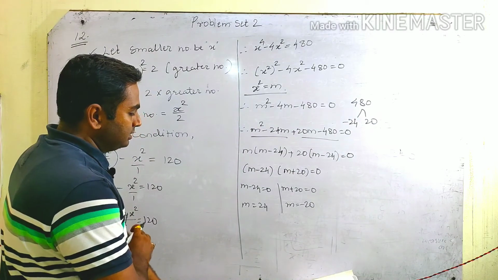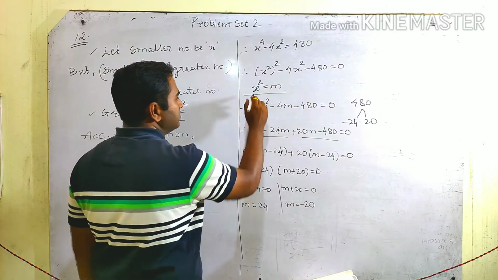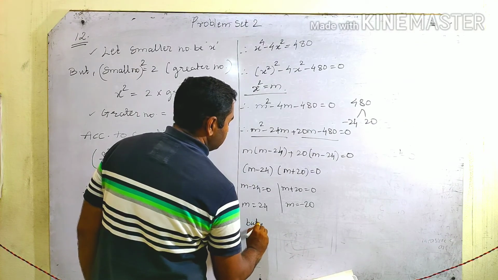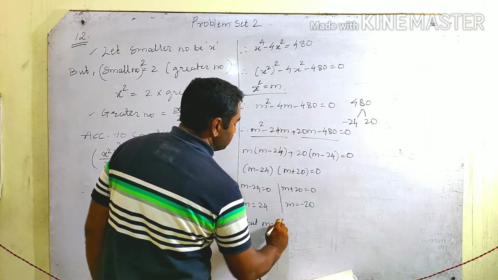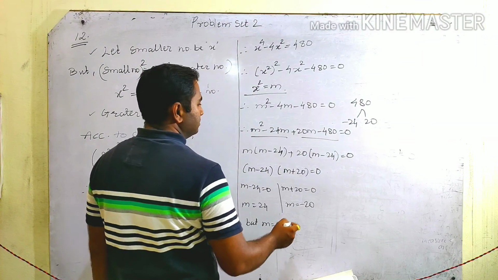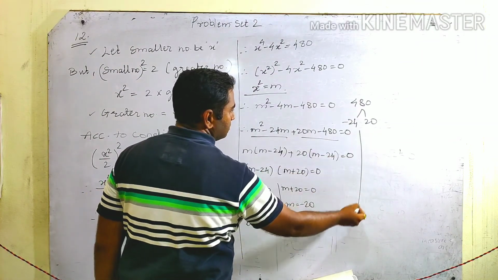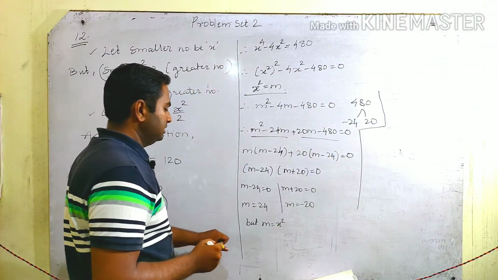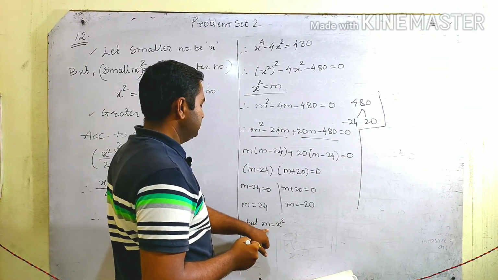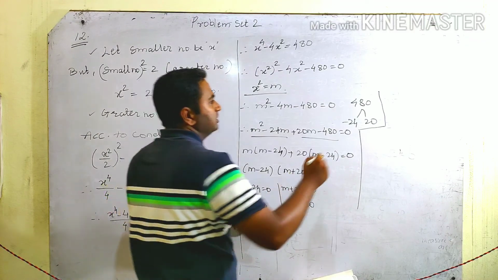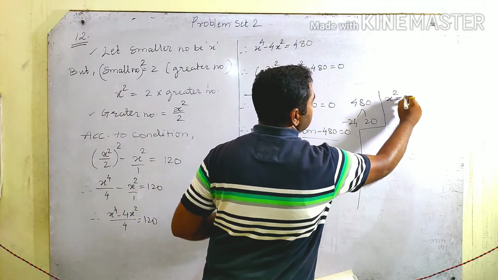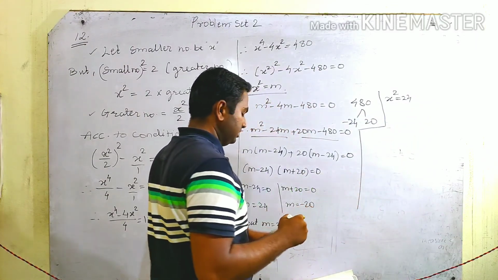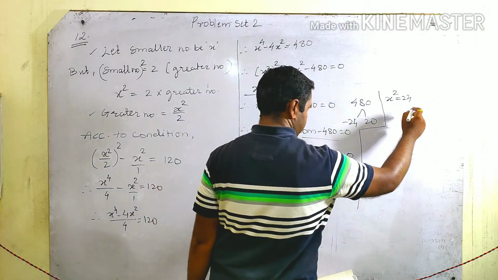Okay. But the m we considered here, m is equal to x square. So we put the values here. If you put this value, then m is equal to x square. In this example, x square is equal to 24 and x square is equal to minus 20.